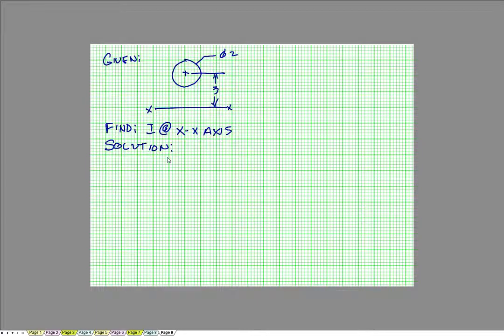My solution: the moment of inertia of the individual shape is pi d to the fourth over 64. And 1 to the fourth is still 1, and it turns out to be 0.7854.